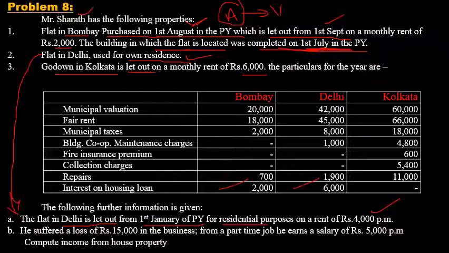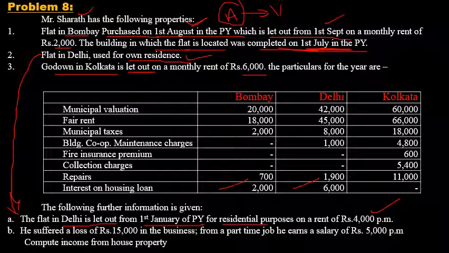So in this problem, the Delhi flat from the beginning of the previous year till 31st December is used by Mr. Sharath for own residence. And from January onwards, it was used as a let out property. So it means part of the year used as self-occupied and part of the year used as let out.